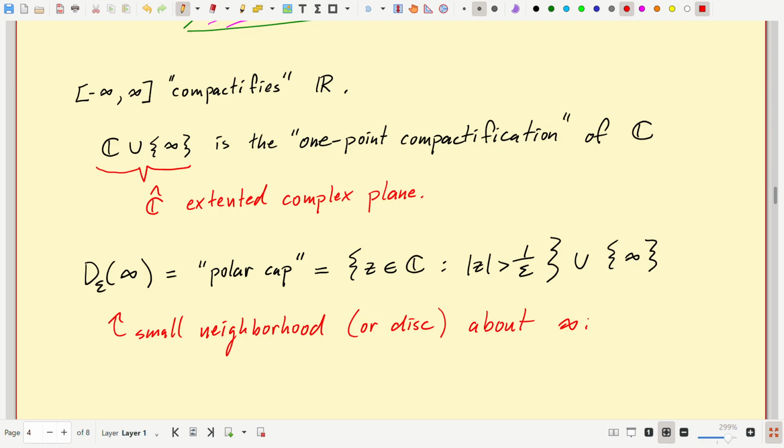Okay, so it's just a language we use, and it wouldn't be a useful tool were it not for that behavior of 1 over z minus a. It blows up in just the right way to make this a reasonable thing to talk about. And that's why we do it.